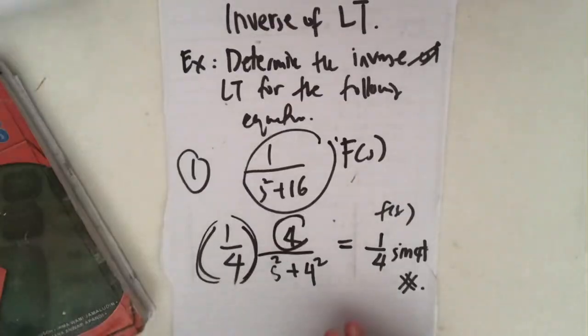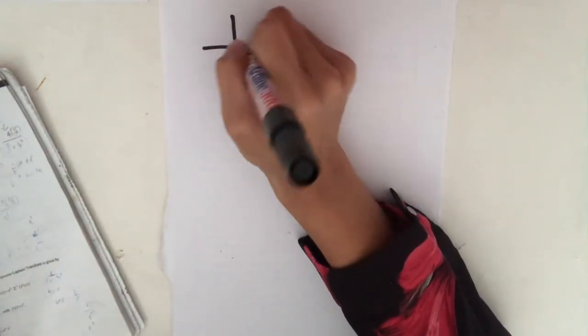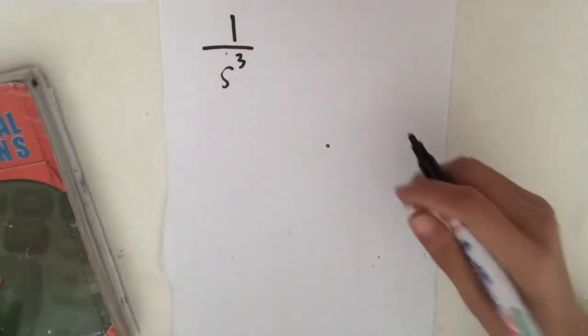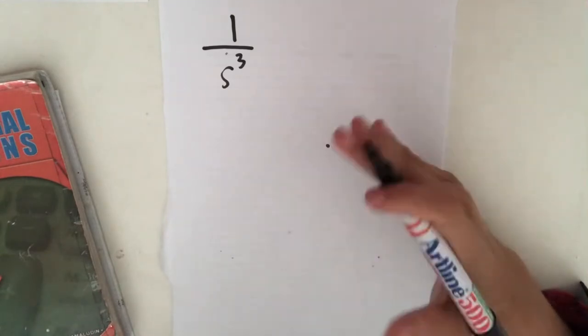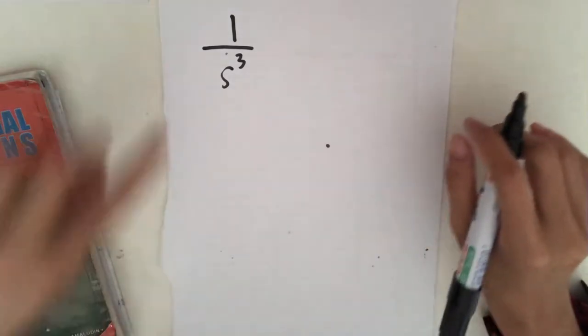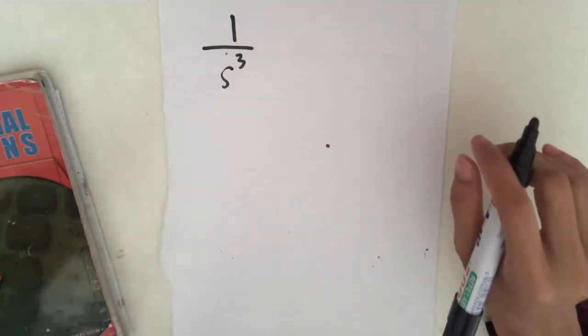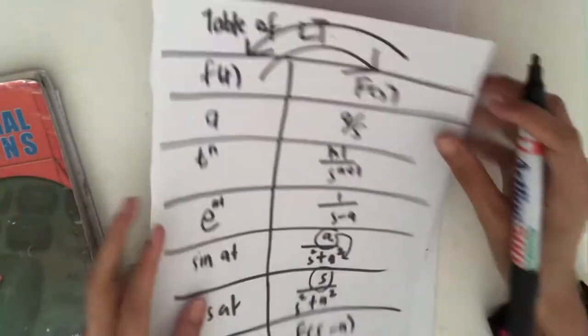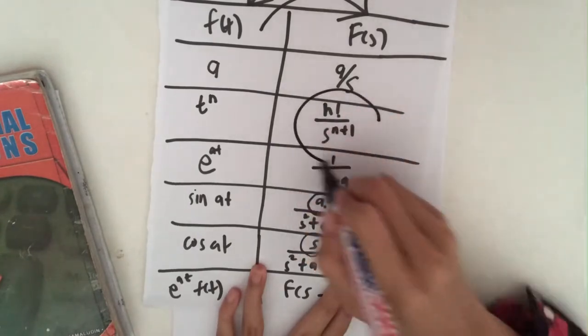Alright, so I give you another example. 1 over s cubed. Find the inverse for 1 over s cubed. So it's just only this part.